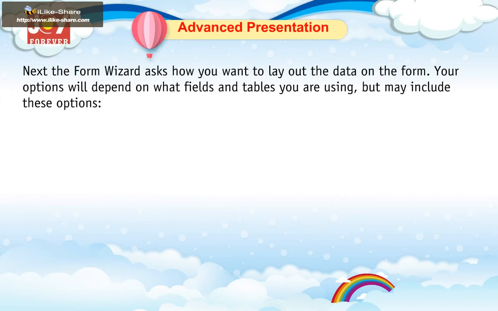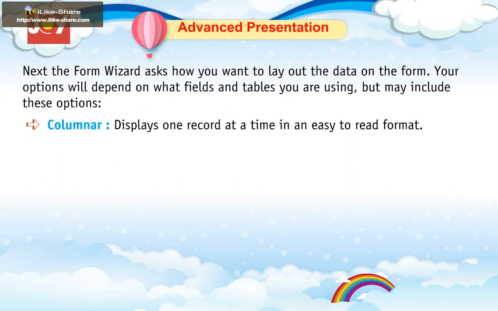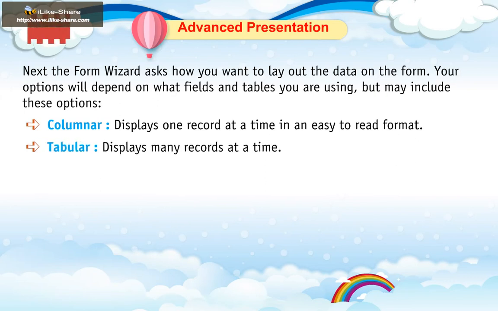Your options will depend on what fields and tables you are using, but may include these options. Columnar: display one record at a time in an easy-to-read format. Tabular: display many records at a time.